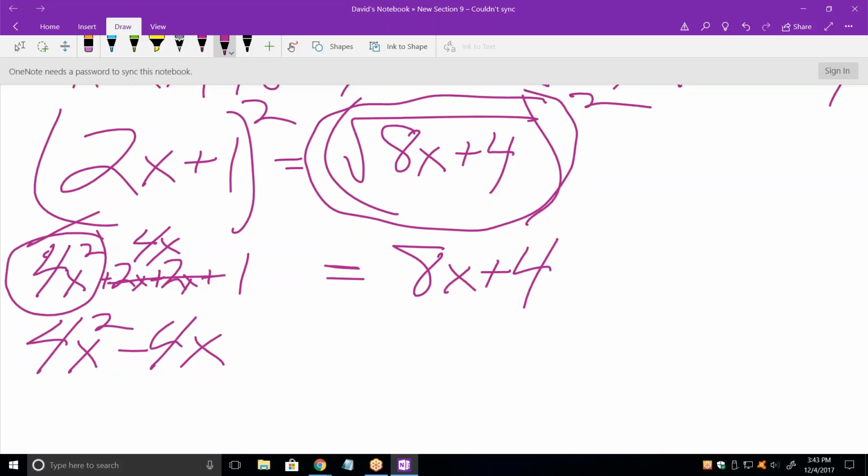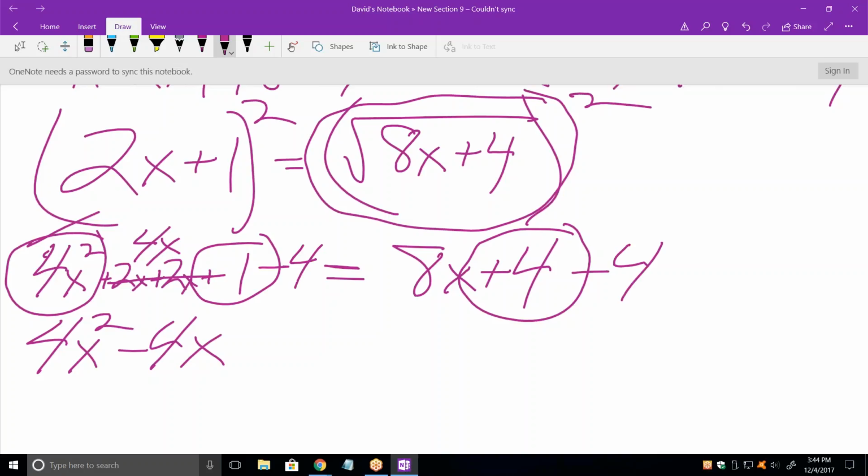Always remember, when you're moving something that's being added or subtracted to the other side of the equation, just change its sign. So it's going to be plus 1 minus 4, so it'd be negative 3. And what's left on the right side?